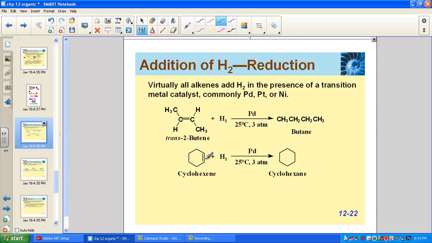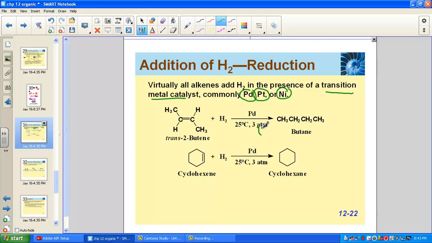Let's take a peek at the addition of hydrogen, sometimes called hydrogenation, and a reduction in oxidation reduction theory, known as redox. It says virtually all alkenes add hydrogen in the presence of a transition metal catalyst, specifically palladium, platinum, or nickel.